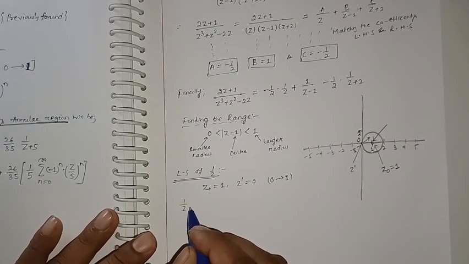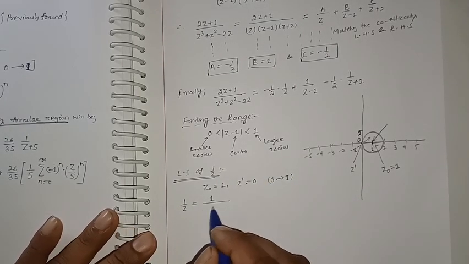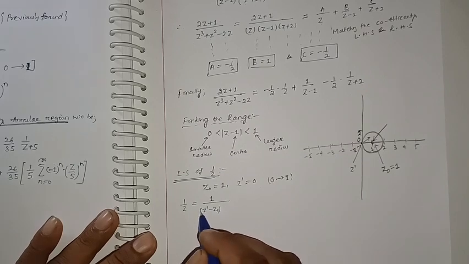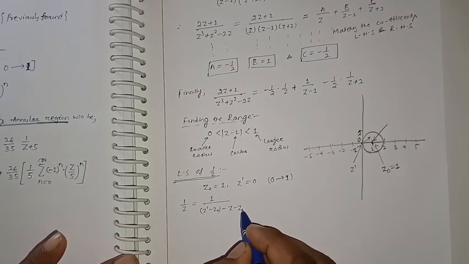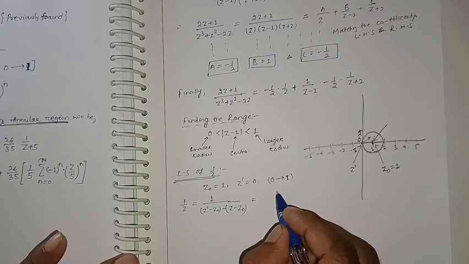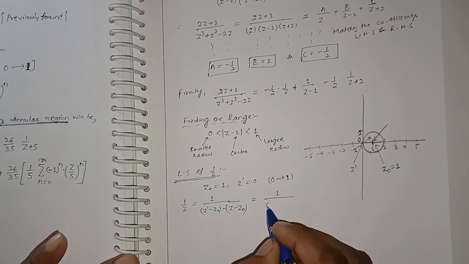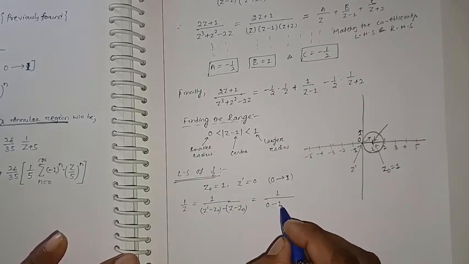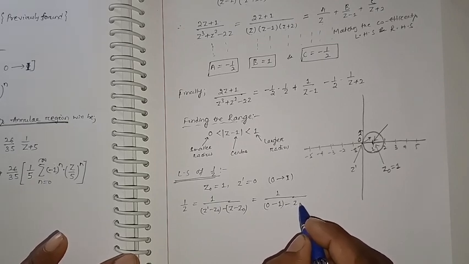means 1 by z will be written in this format: 1 by z dash minus z0 minus z minus z0, right? So it will be equal to 1 by z dash, which is 0, minus z0, which is 1, minus z minus z0.